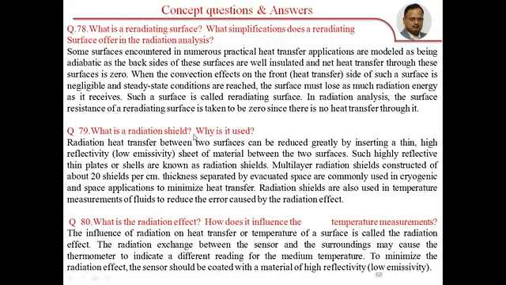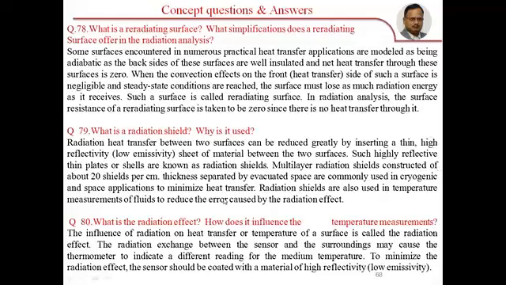What is a radiation shield and why is it used? Radiation heat transfer can be reduced by inserting a thin, highly reflective, that is low emissivity, sheet of material like silver foils or gold foils having a highly shiny nature. Such highly reflective thin sheets are known as radiation shields.